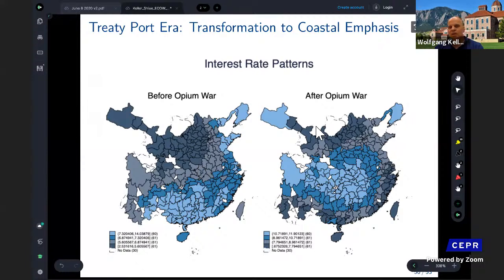After the Opium War, once the Westerners came, you actually get a totally different pattern. You see that the high interest rates are the inland areas here, the light blue in the middle, and then there are these belts around that. So you could argue that in a way the West has contributed to changing the more important versus less important Chinese areas. And no surprise, these coastal areas that are important today, where the action is, you could think of this as a creation of this Western focus on foreign trade and foreign market access.